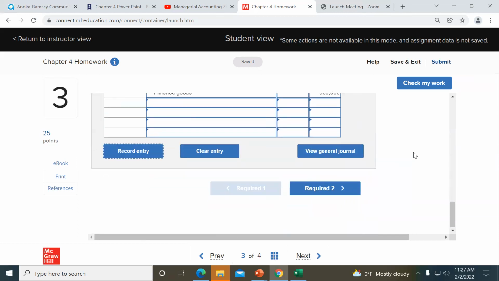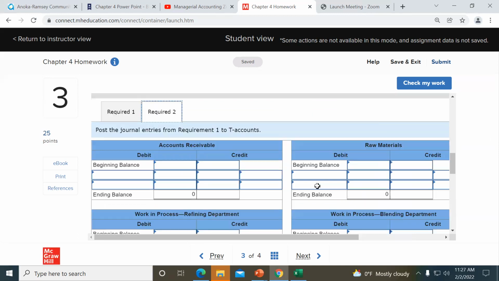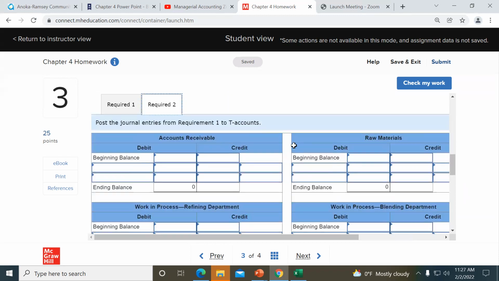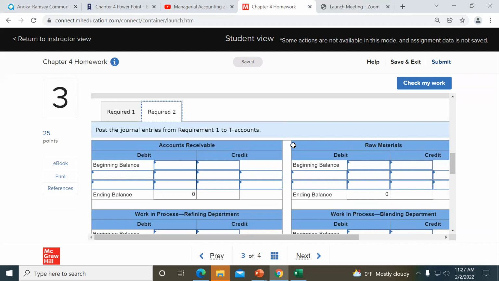Then it wants us to post all of these transactions that we've just done to the various accounts, but it lets us know there were a couple beginning balances. Post the journal entries to the T accounts. Raw materials had a beginning balance of 618.